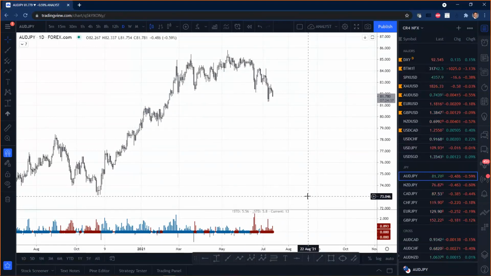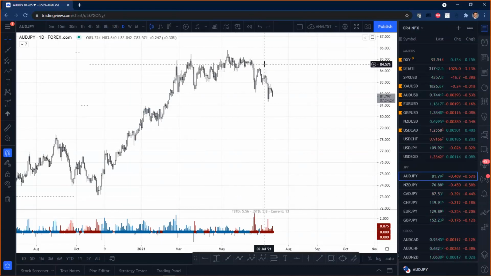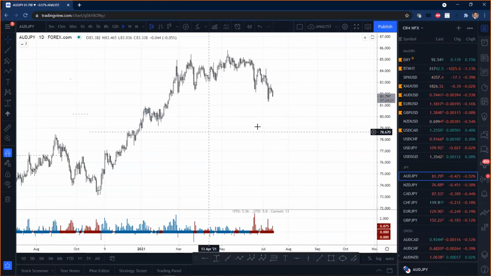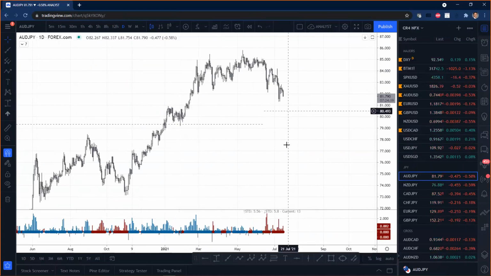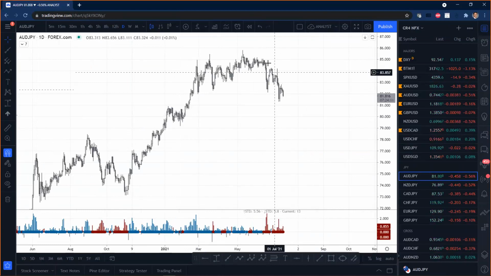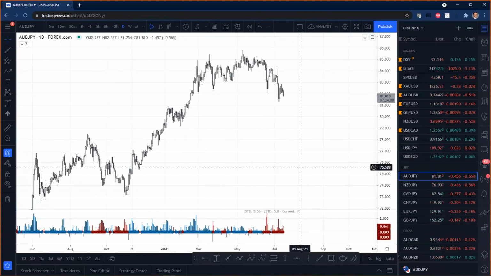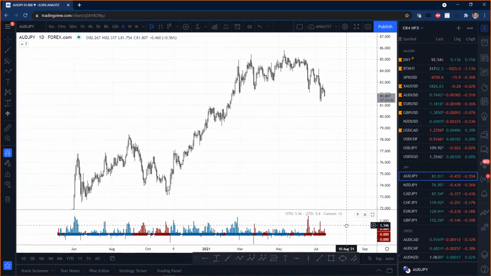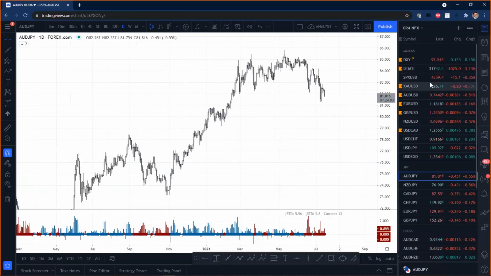It could be just that they want to pull their money back to their country, back to their banks, and so they unwind their Aussie yen long positions, and so what we're seeing here is a rolling over of the Aussie yen, and potentially, if it can continue to move lower, then that could have an overall effect or an indication of what we could see in the equity markets.